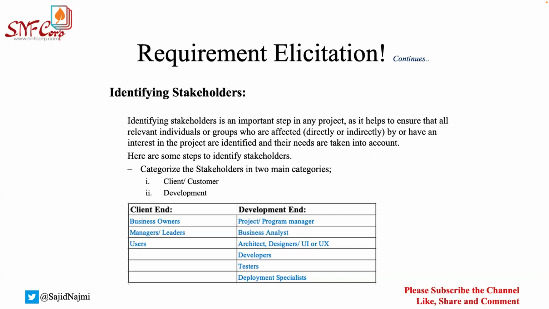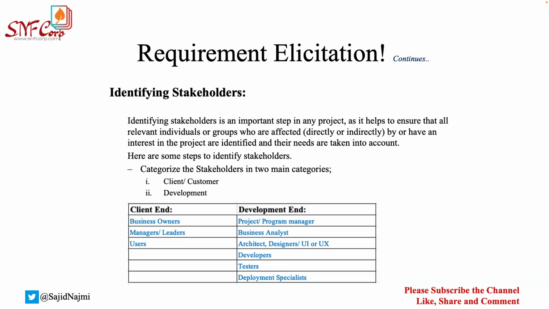In a broader category, we as BAs try to categorize them into two different places. We have stakeholders or clients from the client end. From the client end, we may have business owners, sponsors, managers, leaders, and the actual users. So you would like to categorize them and put all these stakeholders under the client stakeholders list.